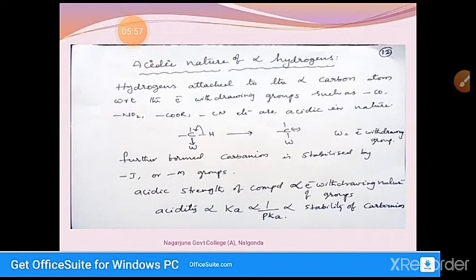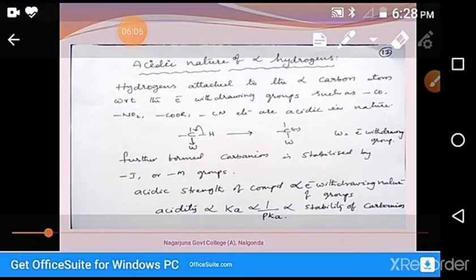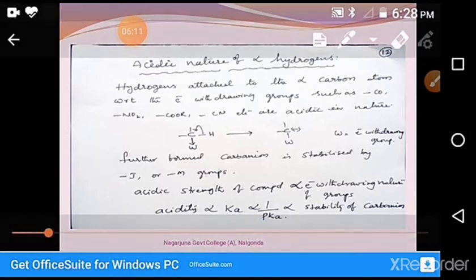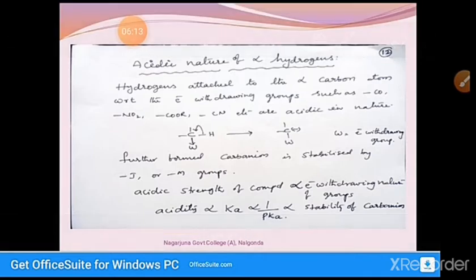So these hydrogens are acidic in nature. How? These hydrogens are easily removed as protons. The carbon-hydrogen bond is weakened by attraction of electrons towards the electron withdrawing group. That's why a carbanion is generated when it loses its proton.